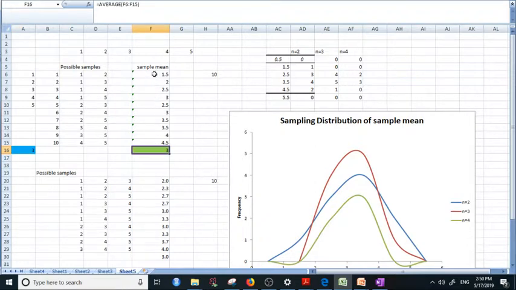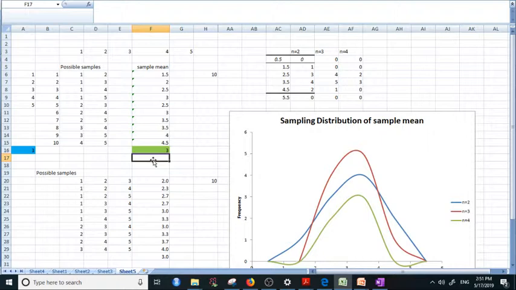So here the mean of all the sample means equals 3, which is equal to the population mean. So the sample mean is an unbiased estimator. Now let us go to the consistency property.